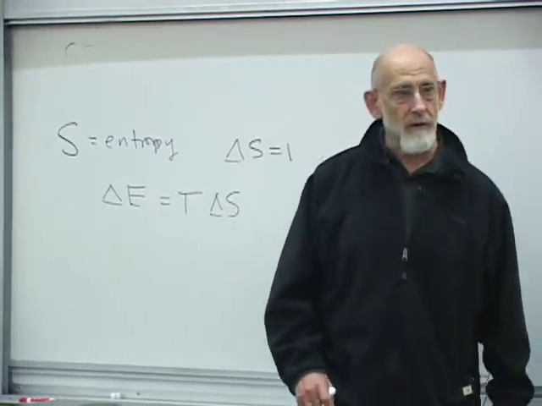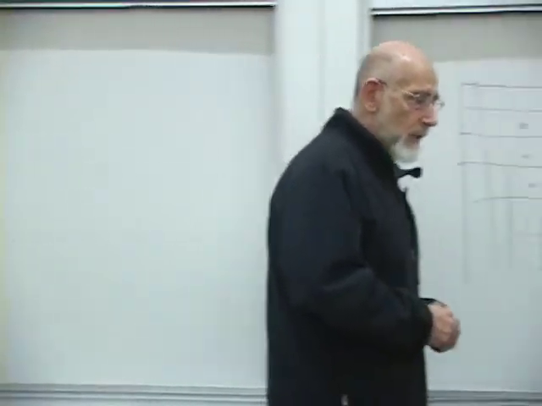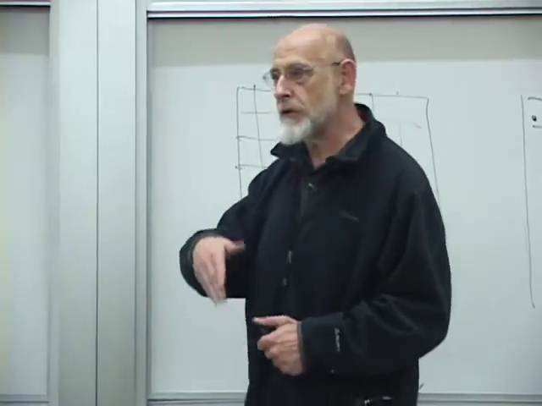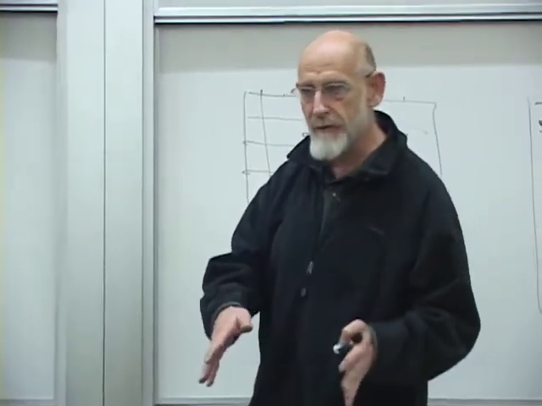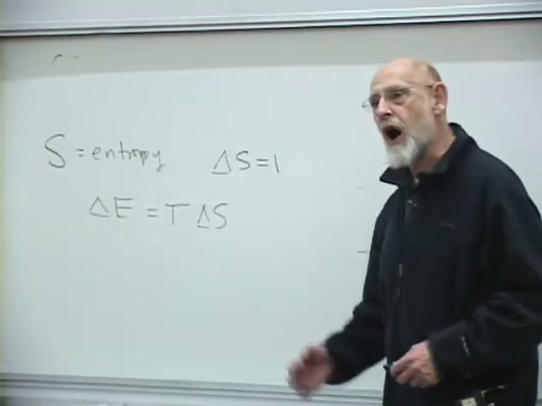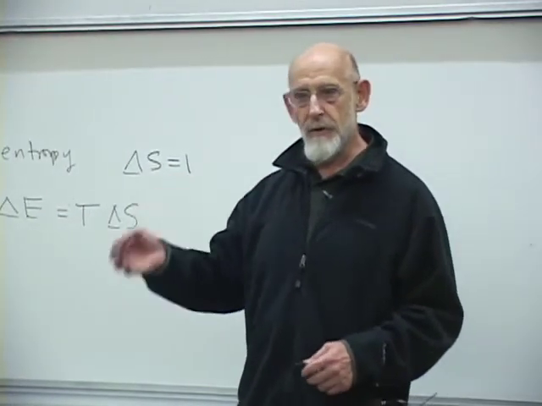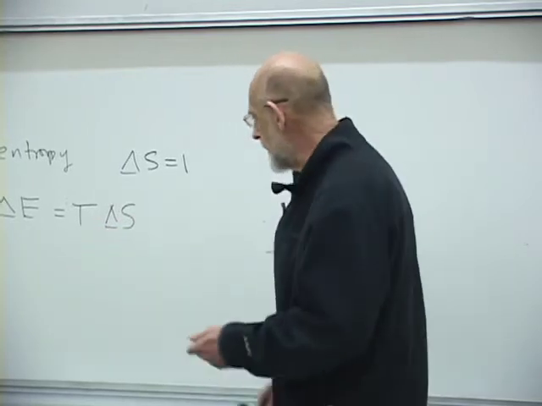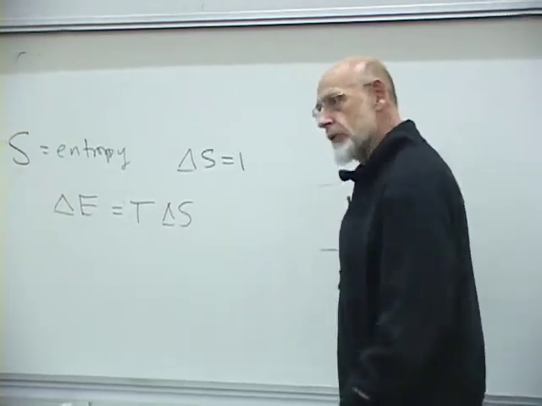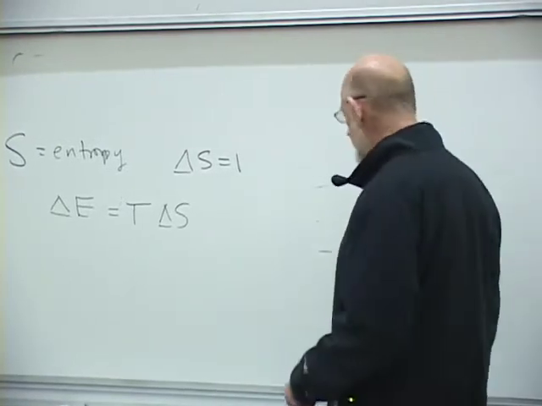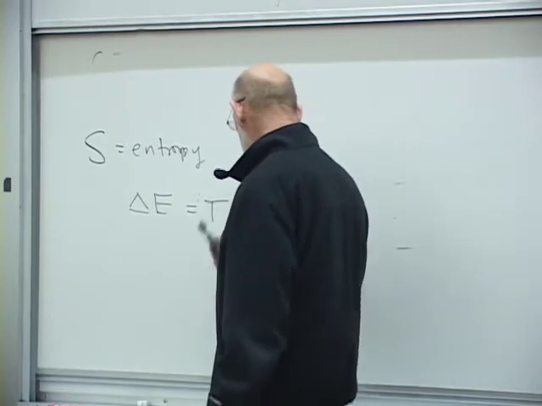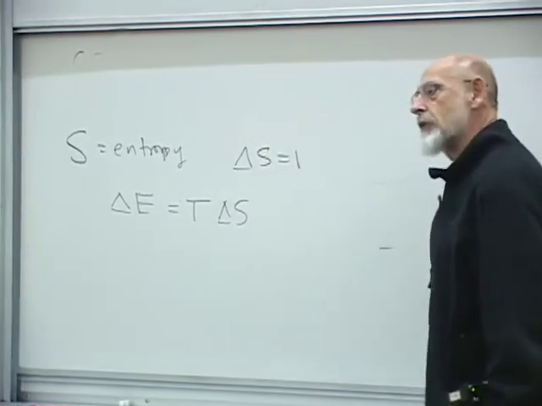The change in energy is proportional to the number of bits that you transfer to the atmosphere or to anything, a bathtub full of hot water. In other words, it's the change in the energy when you hide a certain number of bits of information, when you remove them from someplace and hide them in your heat bath, basically.